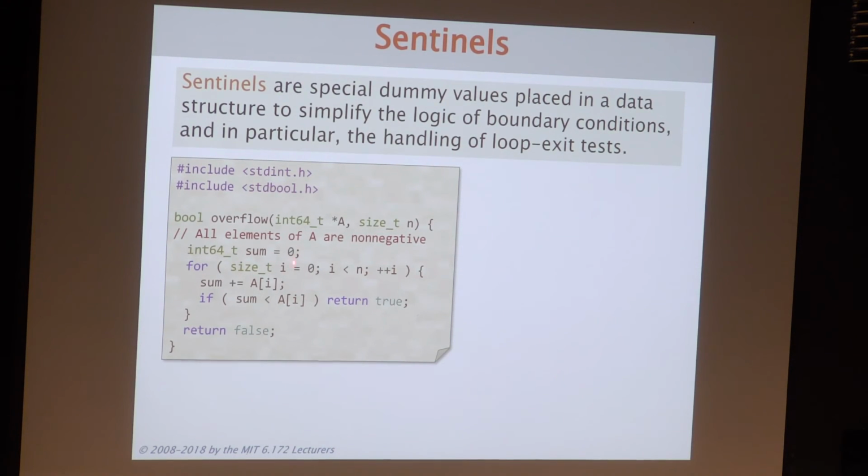Here I've specified that all of the elements of A are non-negative. How I do this is in every iteration, I increment sum by A of i, and then I check if the resulting sum is less than A of i. Does anyone see why this will detect if I had an overflow?